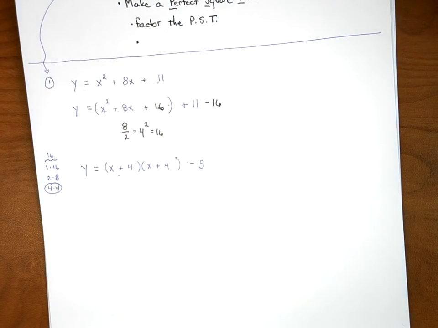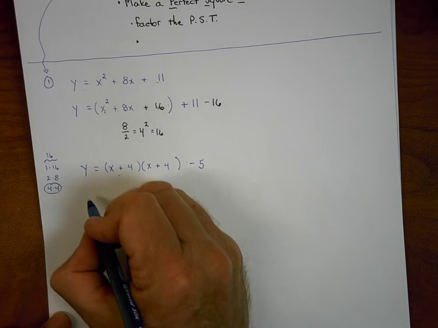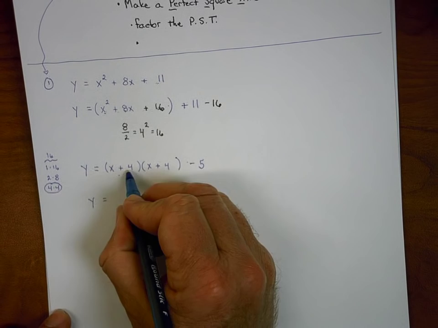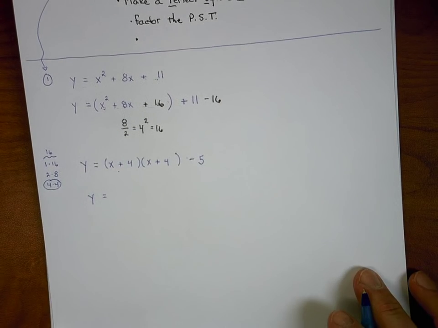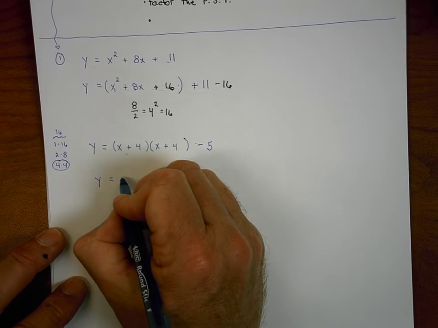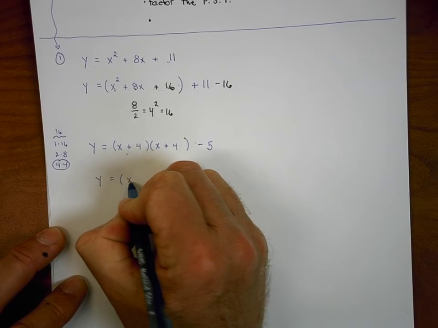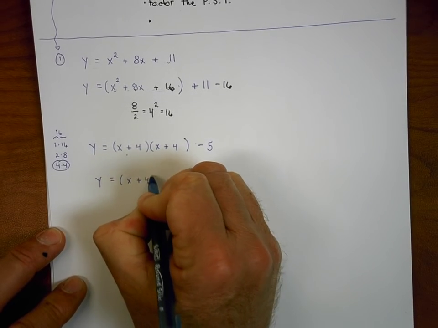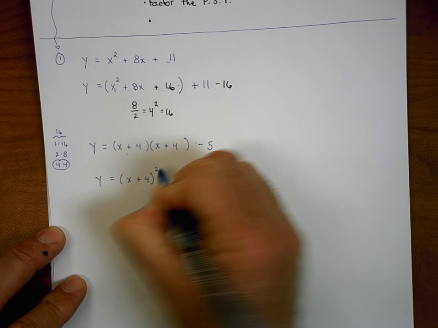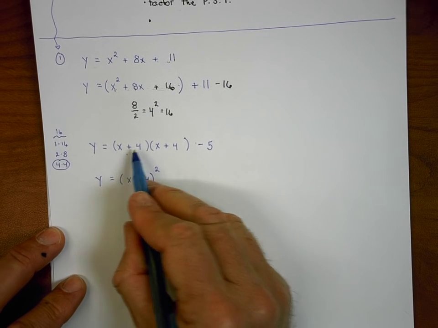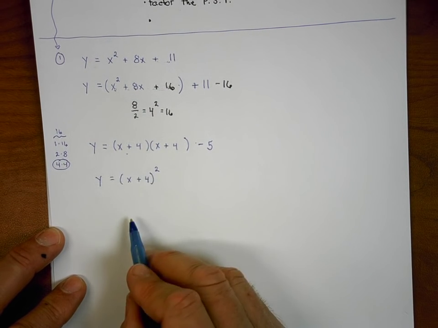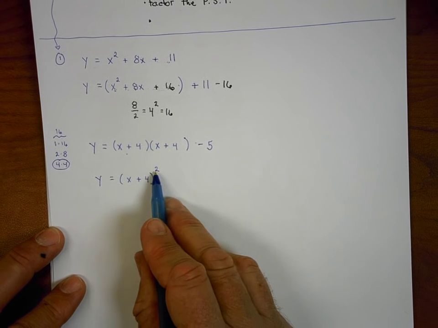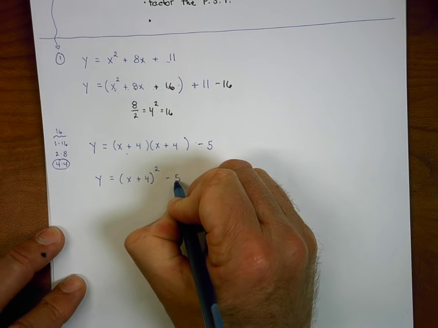Okay, and if you notice, what we have here is how many x plus 4s? Well, we have 2 x plus 4s. So what I could do is write that as one parentheses. So I'm going to have x plus 4, and I have 2 of them. So I can rewrite x plus 4 and x plus 4 as x plus 4 in parentheses to the second power minus 5. Okay?